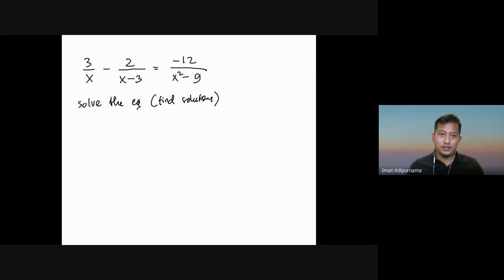Nine, x squared minus 9. Wait, maybe I need to change my 9. Usually, if I write g, I write it like in your textbook, or if you write in Microsoft Word, or on your smartphone, your small g looks like this, right?